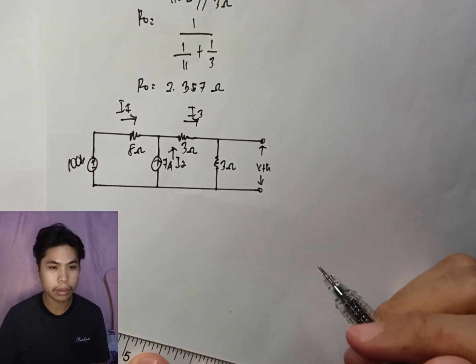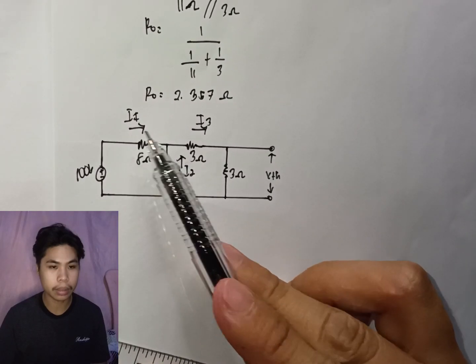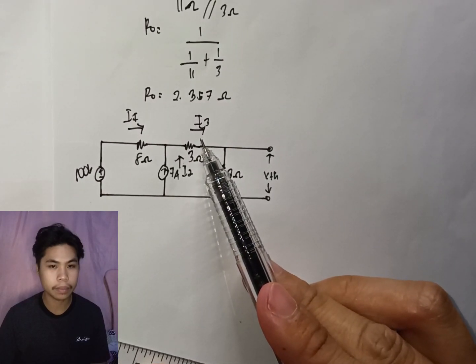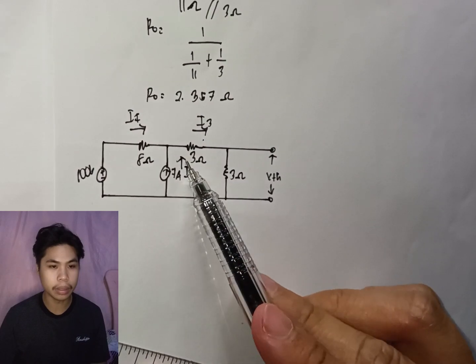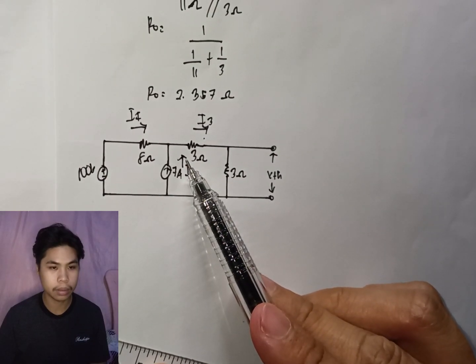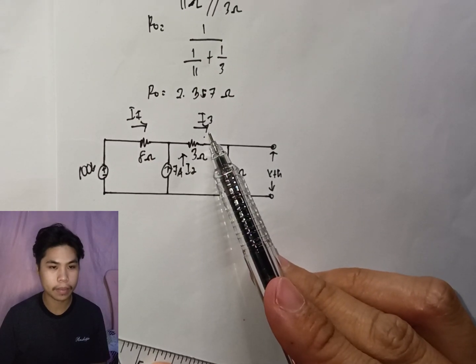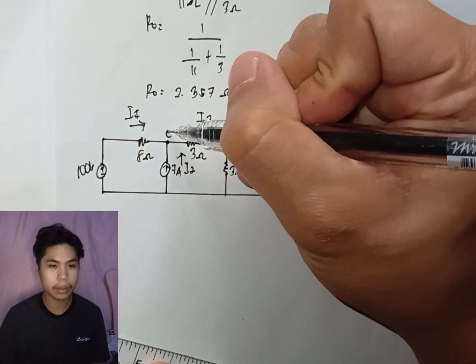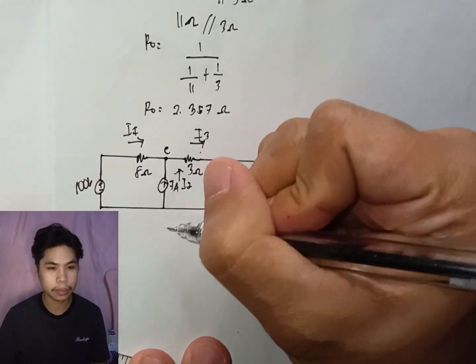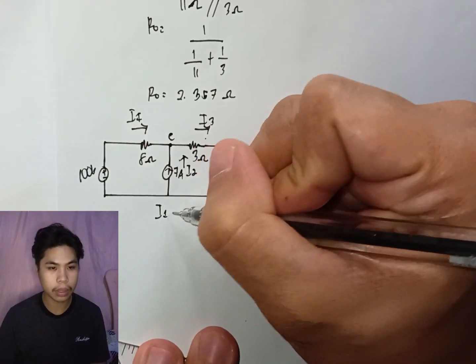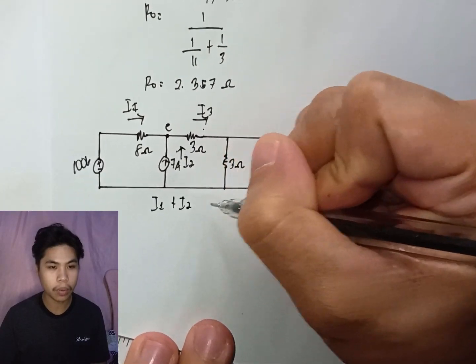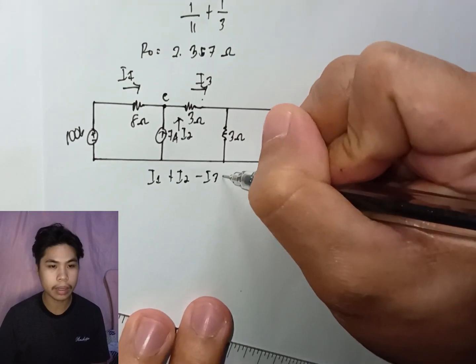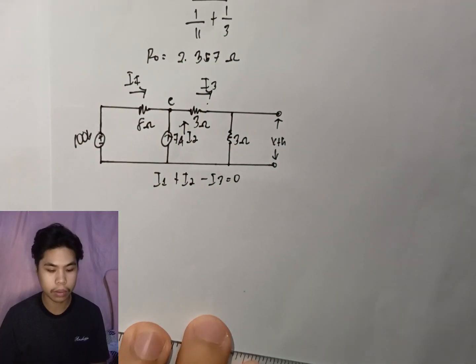So let's consider the node C here. So using KCL, I1 plus I2 minus I3 is equal to 0.